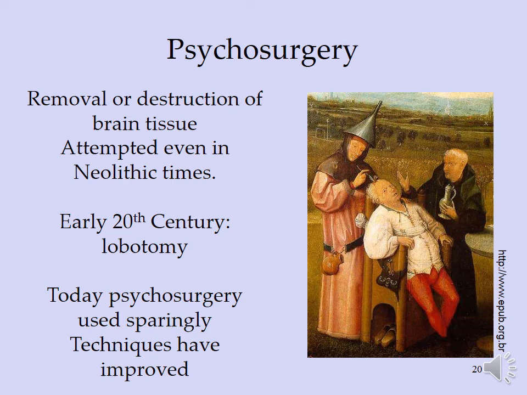This was a procedure where an ice pick-like instrument was inserted through the eye socket into the brain, rubbing it back and forth in a particular way to destroy the connections between the emotional centers of the brain and the thinking centers of the brain.